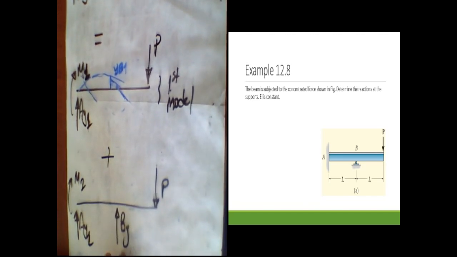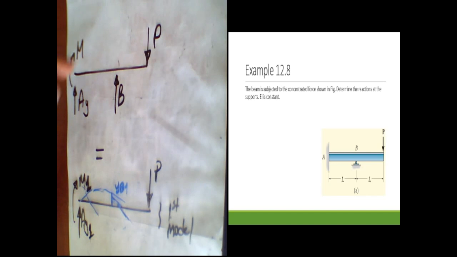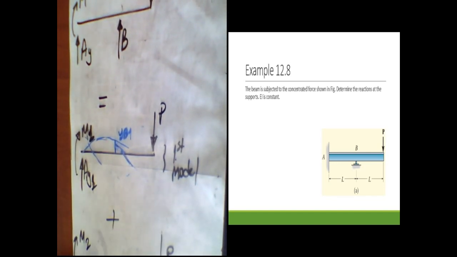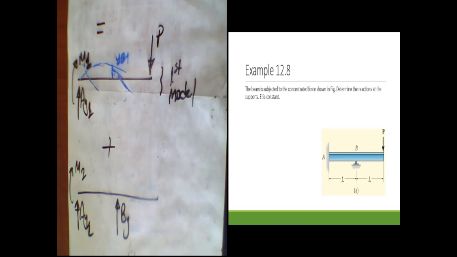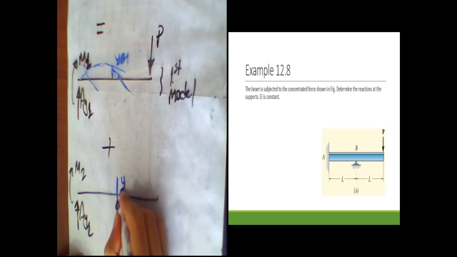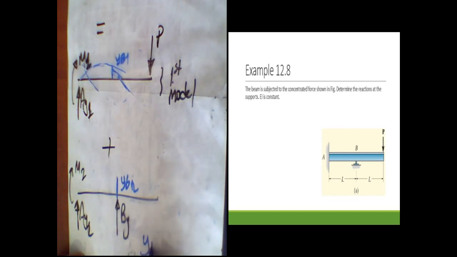The summation of this system is equal to the loading like this. I'm sorry, I forgot to delete this P. So if I want to measure the vertical displacements at point B, YB1 plus YB2 is equal to 0.